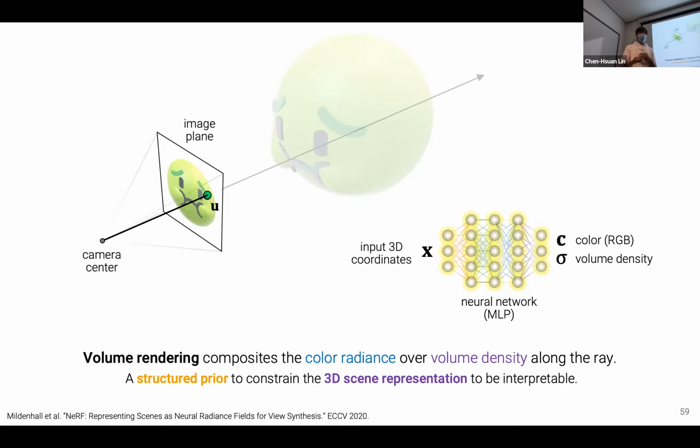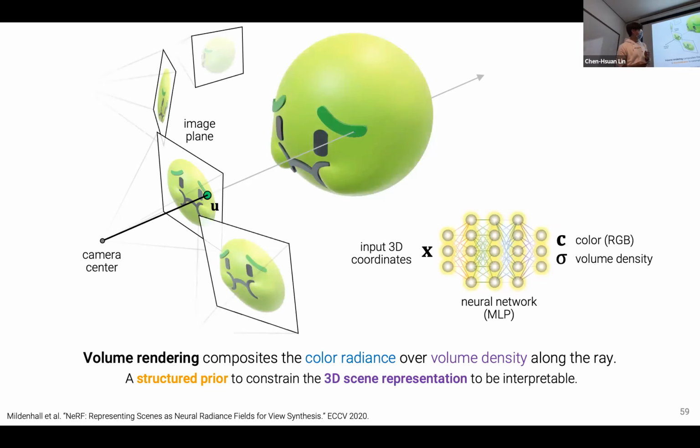What we found is that this takes a very structured prior that allows us to constrain what the representation would look like, so that the 3D scene representation can be interpretable in the 3D sense. And what Neural Radiance Field does is assume that we have multiple views, so that we can learn to constrain this with multiple viewpoints.